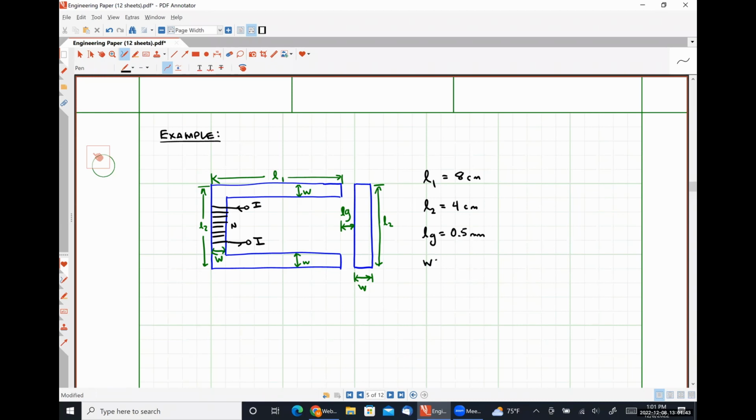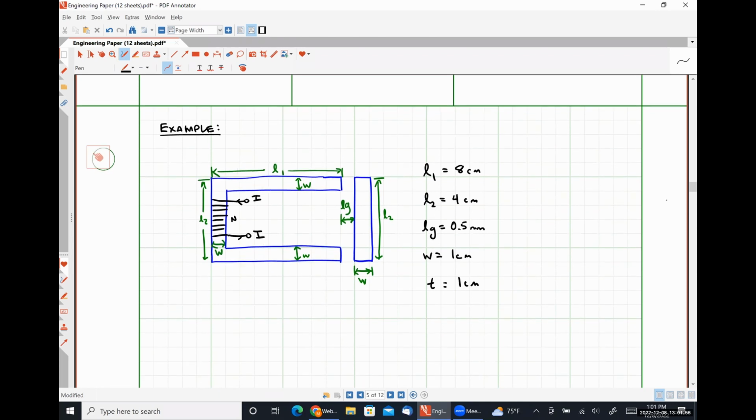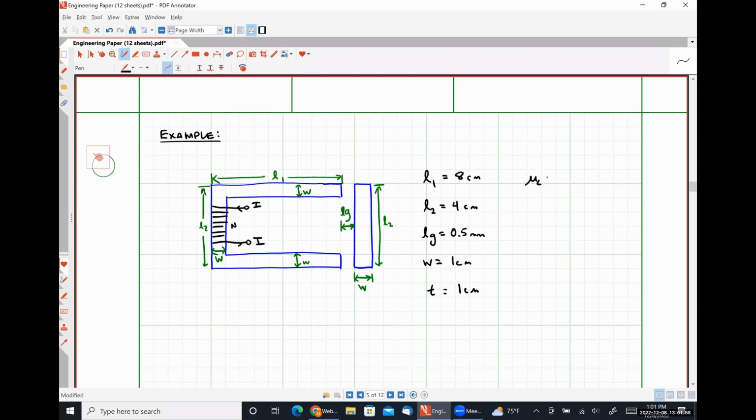Let's say that our width is 1 centimeter and our thickness, T, is also 1 centimeter.